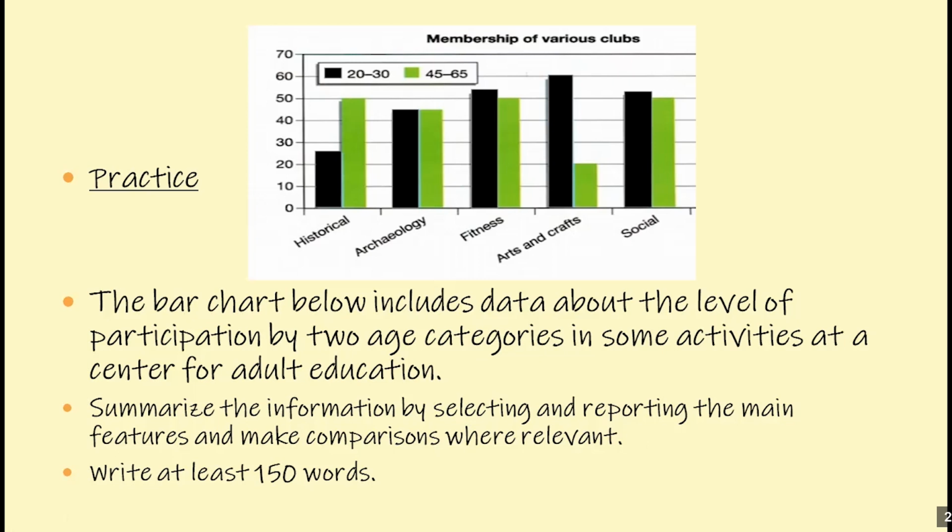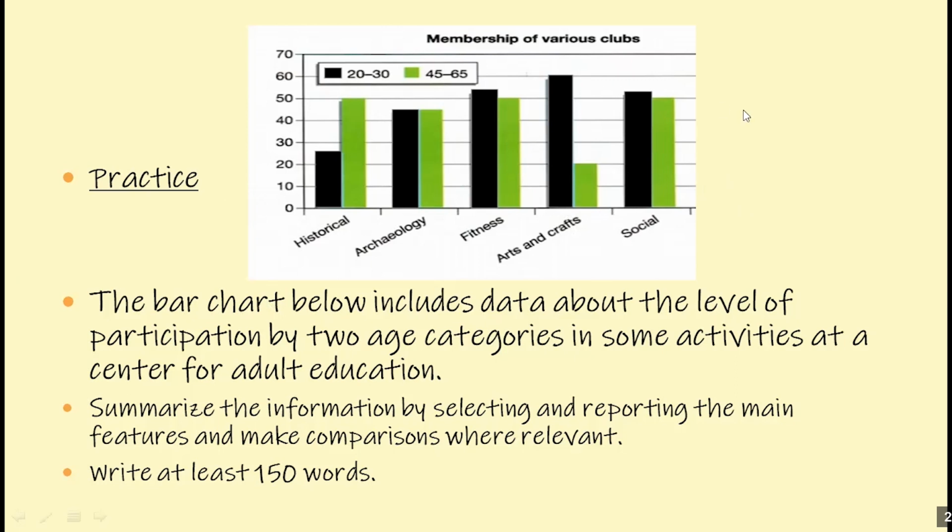The first thing that you have to do is to ask yourself, how am I going to divide these variables? I think there are two ways to divide the variables here. You can either concentrate on the activities in which younger people have higher participation, and these activities are social, arts and crafts, and fitness.